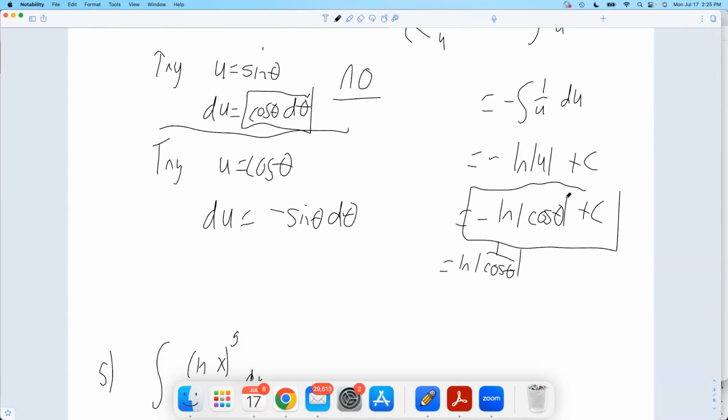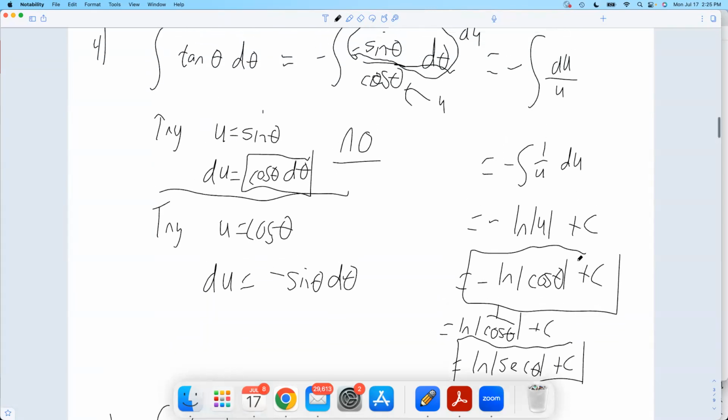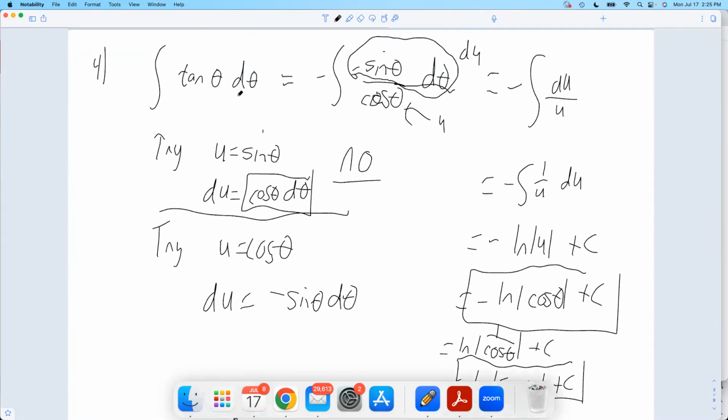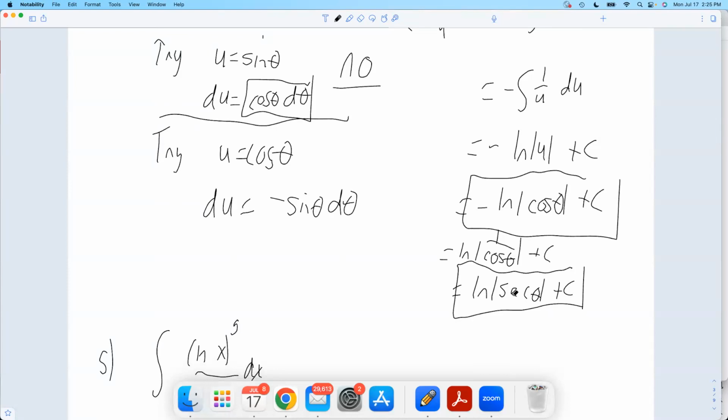So I brought this negative in and made it an exponent. 1 over cosine is secant. So the antiderivative of tangent of theta d theta is the natural log of the absolute value of secant of theta plus c.